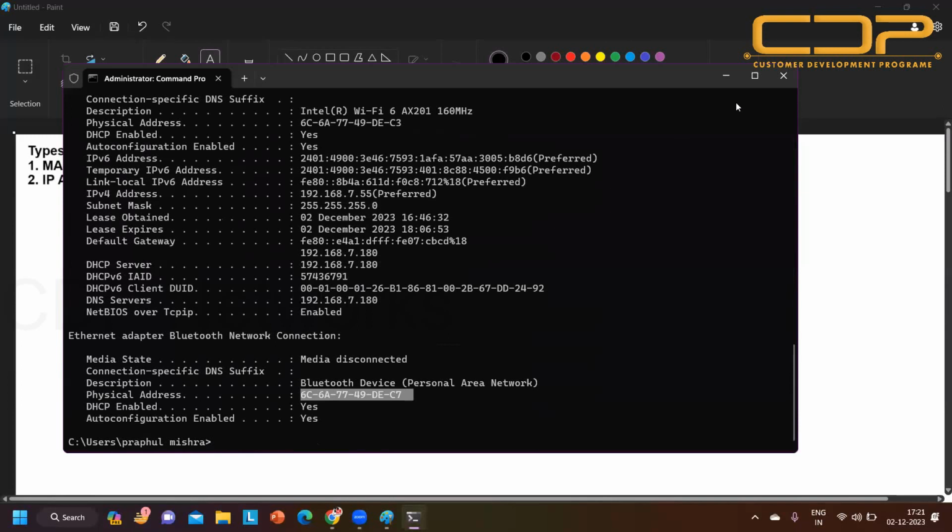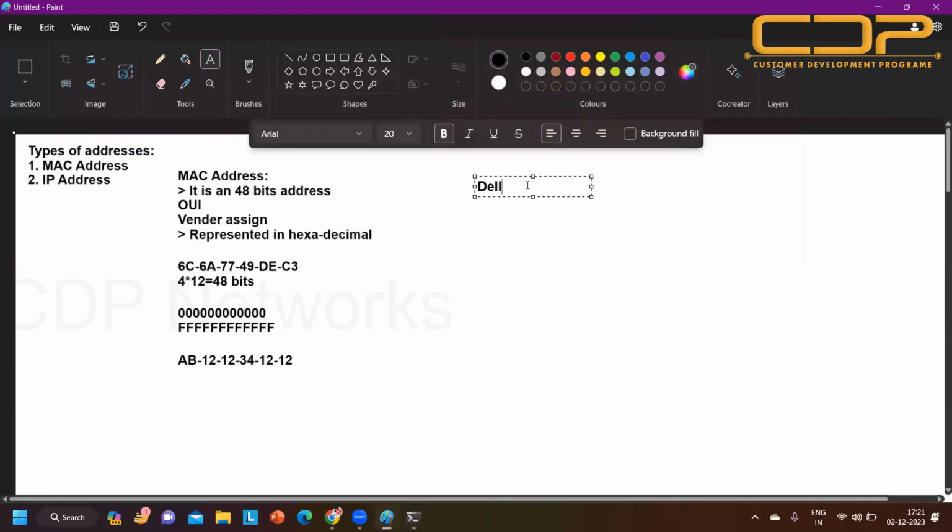Right? So how do Dell, Lenovo, HP or any company design MAC addresses? First, the company needs to purchase an OUI from an organization called IANA. IANA is the organization, guys, that manages these things like MAC addresses, IP addresses, private IP, public IP.